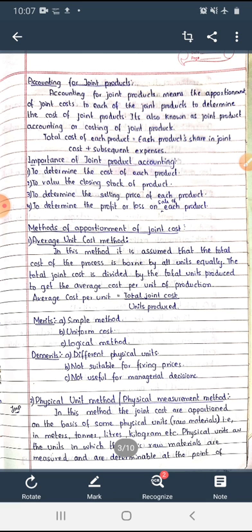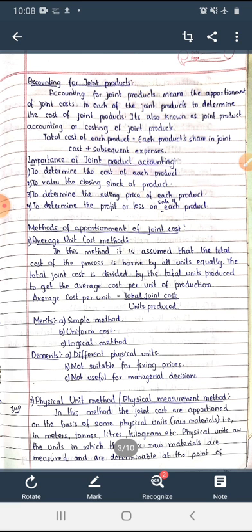Then to determine the selling price of each product. If you know the cost, then you can fix the selling price. To fix the selling price of each product, we need to know the joint cost or separate cost of each product. To determine the profit or loss on the sale of each product, same, right?